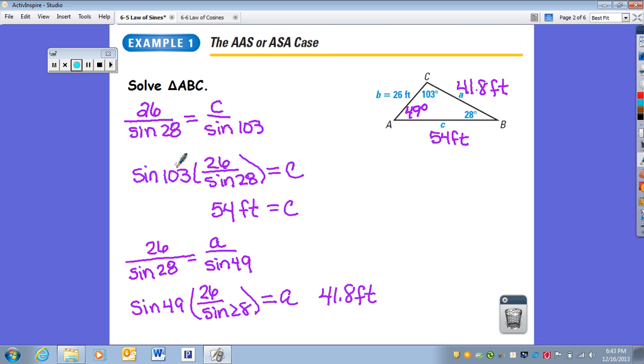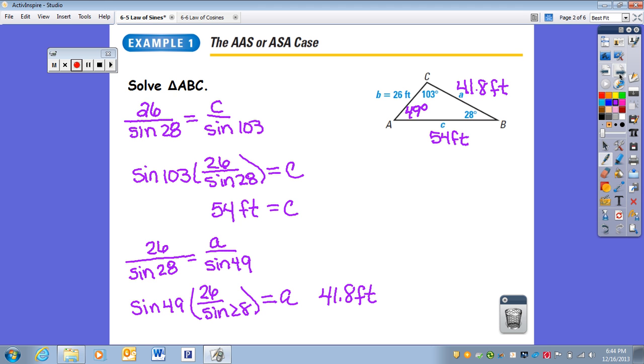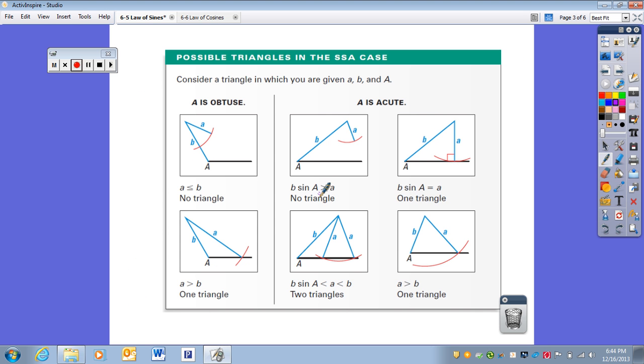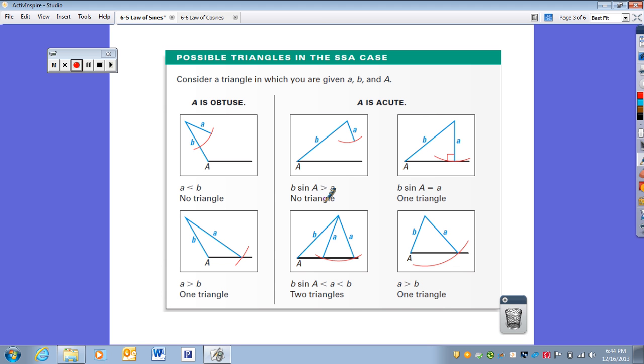Not a difficult concept when you just have to remember that we set up our ratios into a proportion and solve for either the missing side, or we can also solve for the measurement of a missing angle. Now, something we have to remember is that not every measurement that we are given actually creates a triangle.